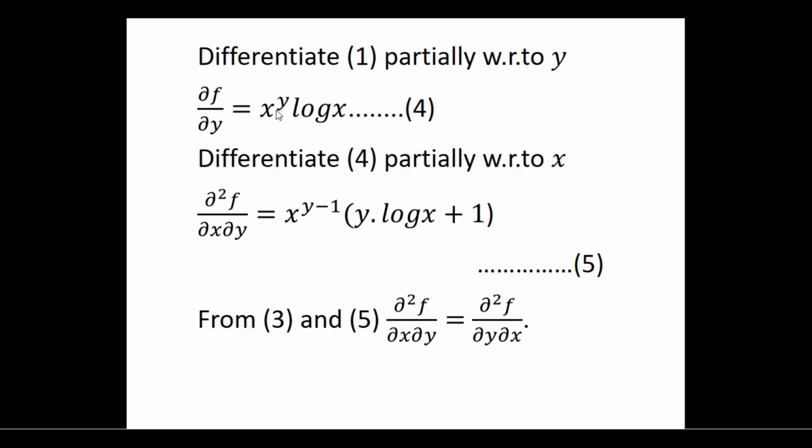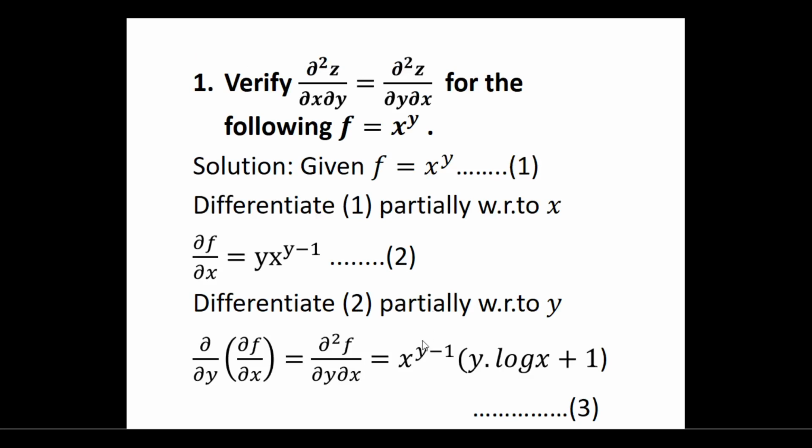So this is one function of x, and this is also a function of x, a product of two functions. Go for the product rule and simplify. You will get x^(y-1) times (y log x + 1). Call it equation 5. Now carefully observe equations 3 and 5. What is equation 3?